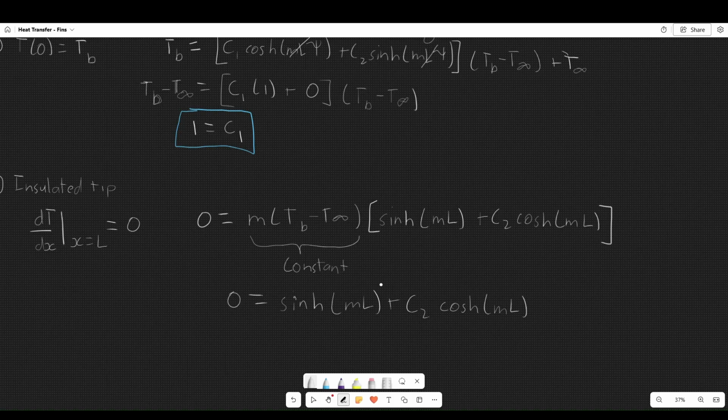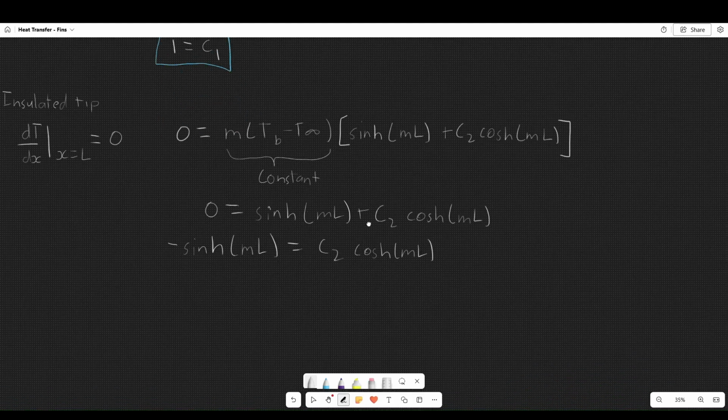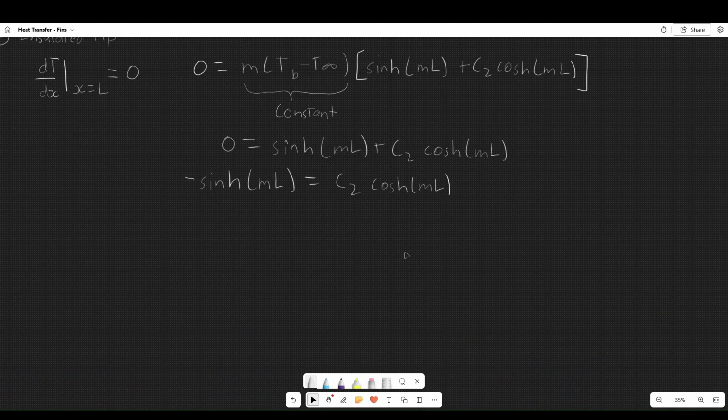Now I can subtract sinh from both sides and then divide by cosh. If I do the subtraction on both sides, you see that we have this. And if I divide both sides by cosh, I get negative sinh(mL) over cosh(mL).